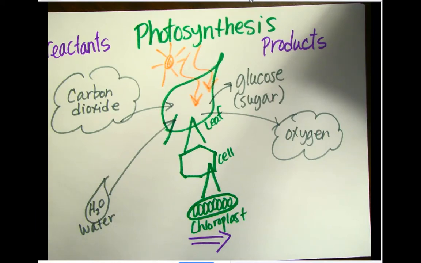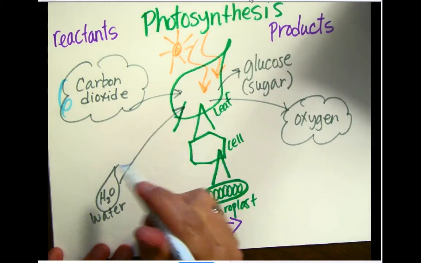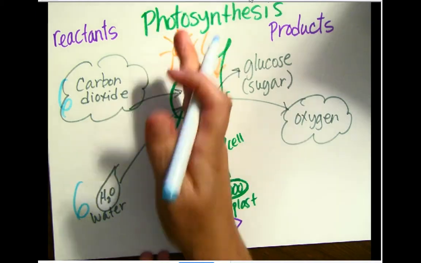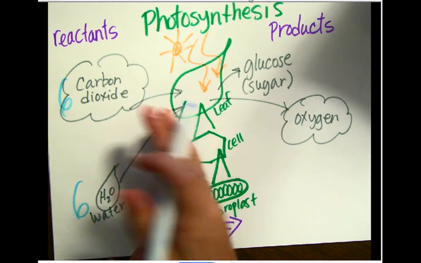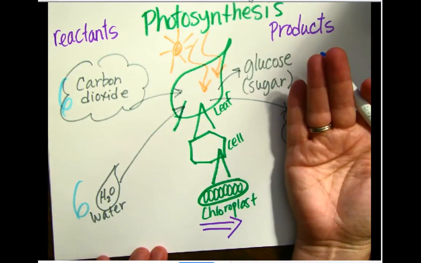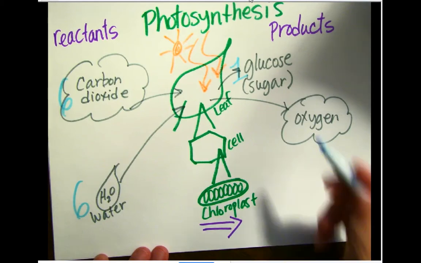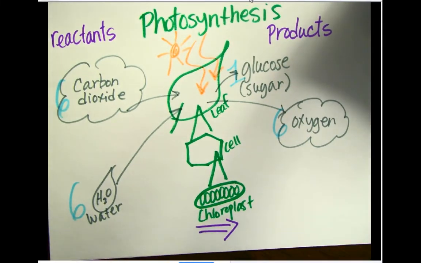It takes 6 carbon dioxide molecules. It takes 6 water molecules and sunlight in order for this process to happen. And then when this gets transformed into something new, we get 1 glucose molecule out of this, and 6 oxygen molecules get released out into the atmosphere.